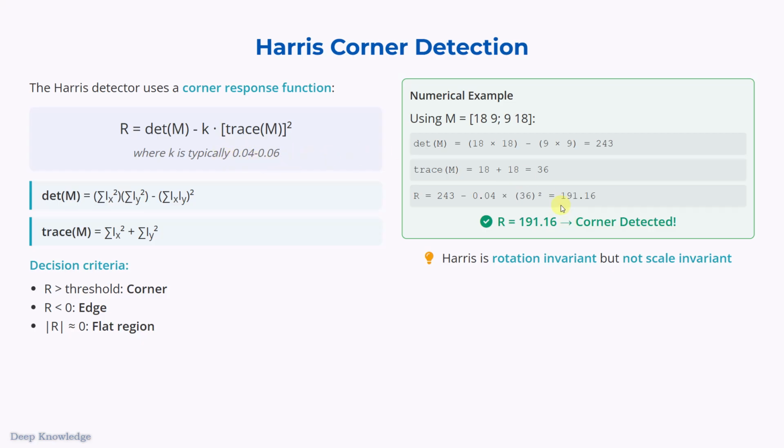If R is greater than a specific threshold, this pixel will be considered a corner. By the way, the Harris and Shi-Tomasi algorithms are rotation invariant. What does that mean? If you rotate this image, for instance by 25 or 45 degrees, you will still detect the corners. But with scaling, it might not be able to detect them.